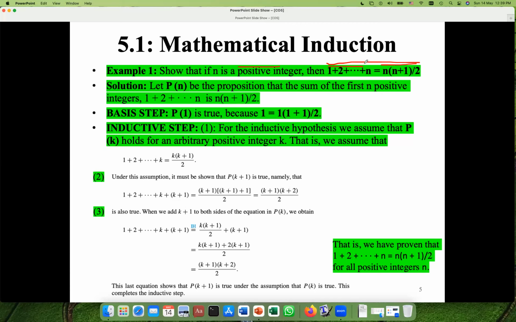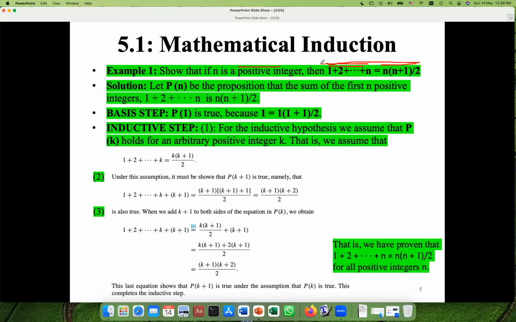You don't have to add them individually. You can use n times (n plus 1), divided by 2, and you will have your answer for those 100 numbers or whatever, if they are in the sequence.